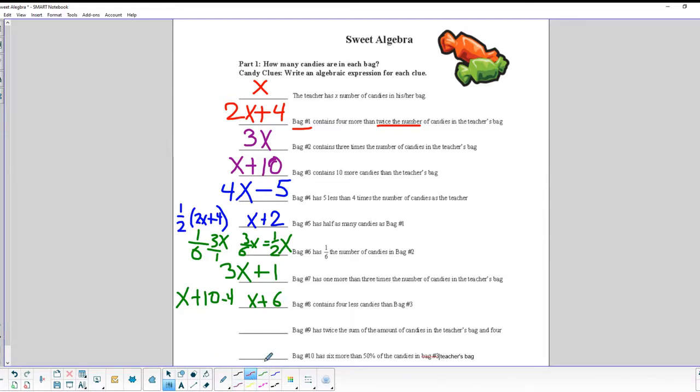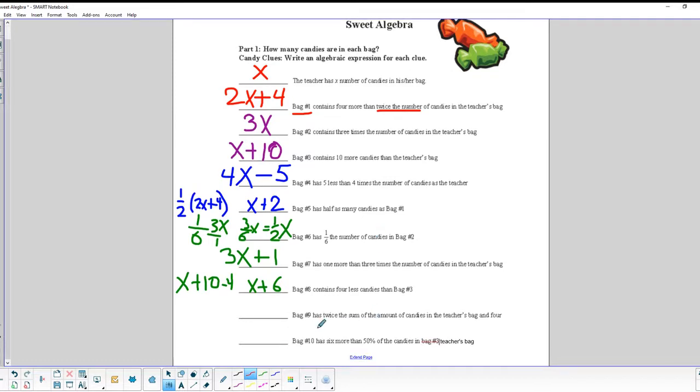Let's go back to our red color. For bag number 9, it has twice the sum of the amount of candies in the teacher's bag and 4. So this is one of those parentheses ones. So twice the number of candies of the sum of the number of candies in the teacher's bag and 4.